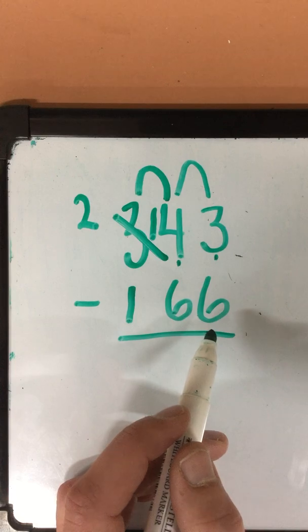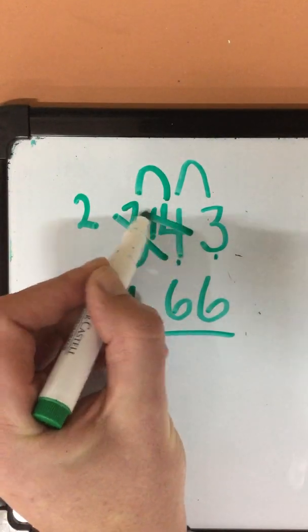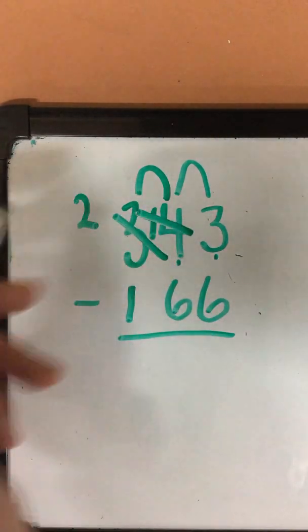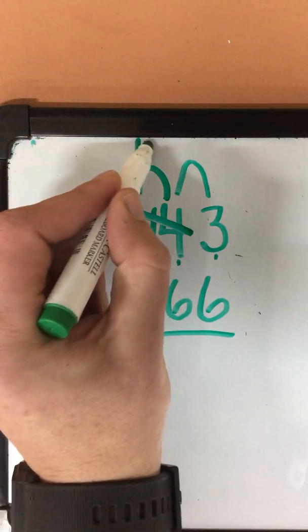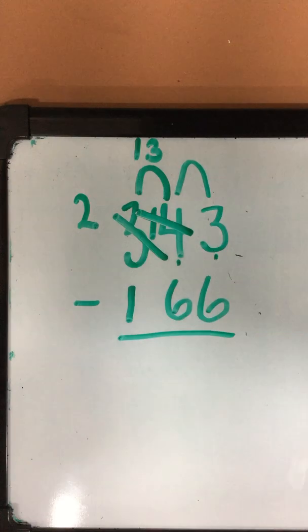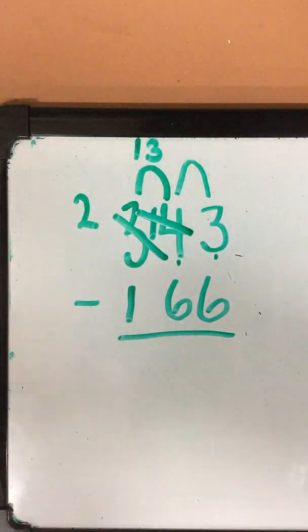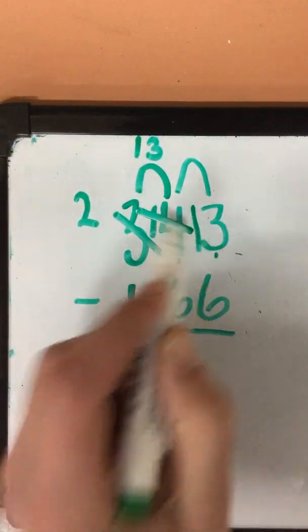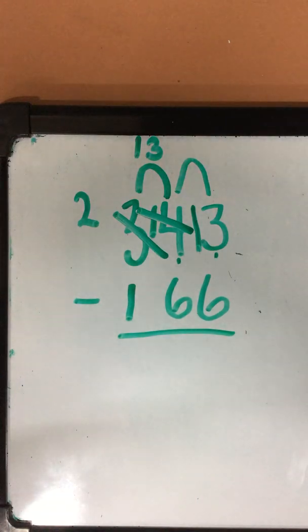This is quite tricky. 14 becomes 13. And I'm going to borrow one of those 10s and I'm going to put it in here. So there's a fair bit there. That's tricky, I'll give you that.